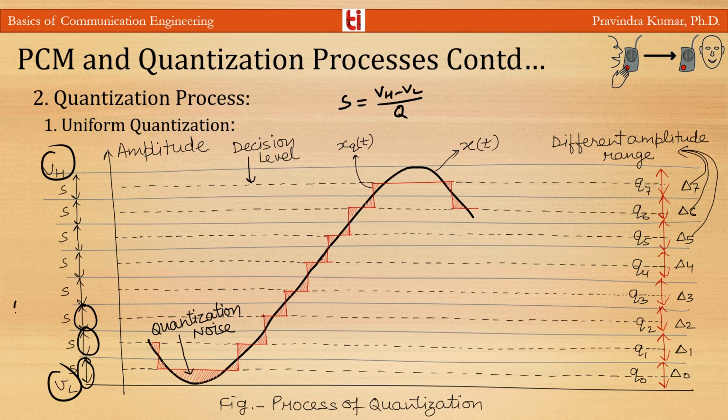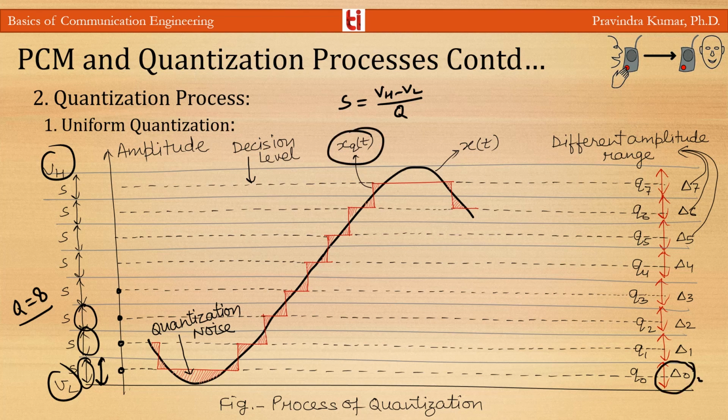Here Q is equal to 8, so we have divided the voltage range into 8 equal levels, and at the center of each range the quantization levels Q0, Q1, Q2, Q3 and so on are placed, and these quantization levels are also known as decision thresholds.